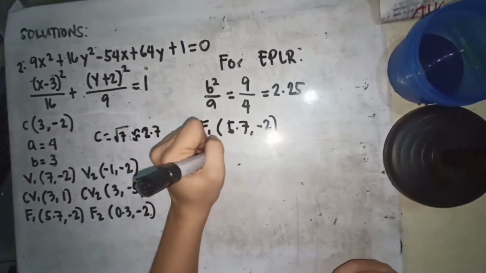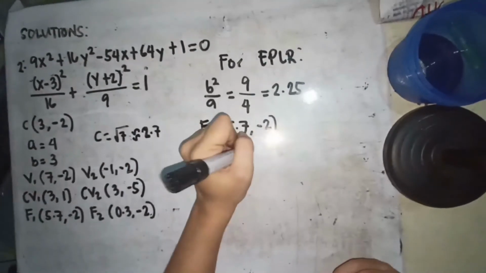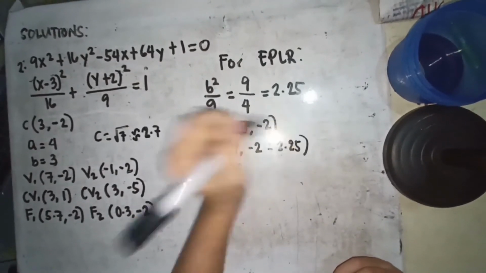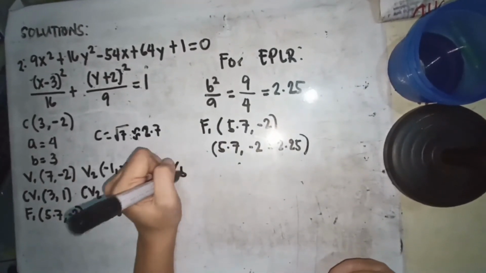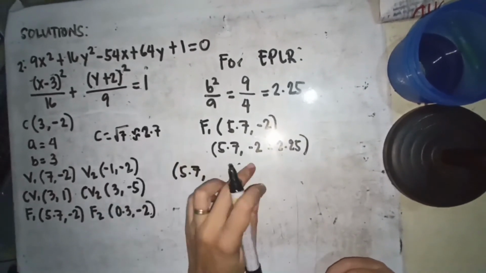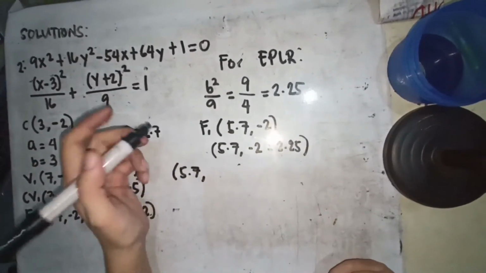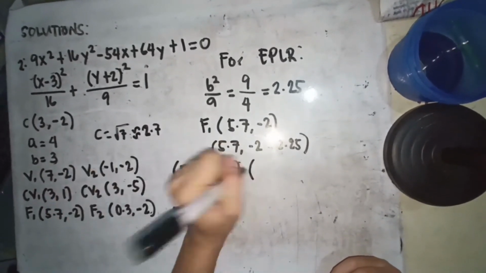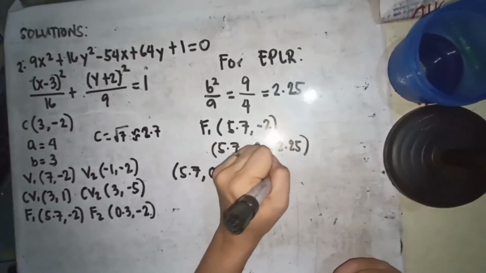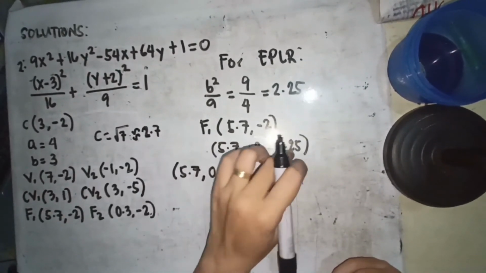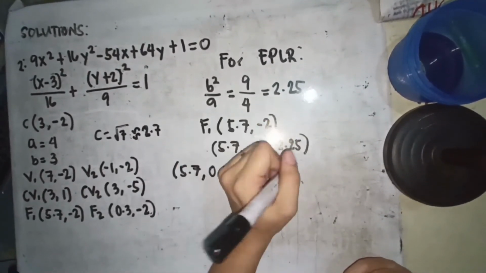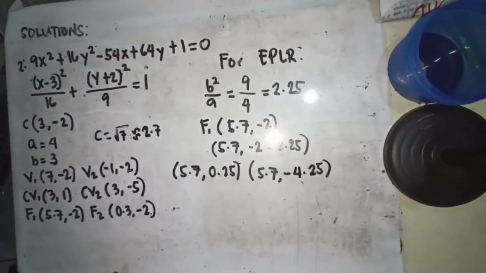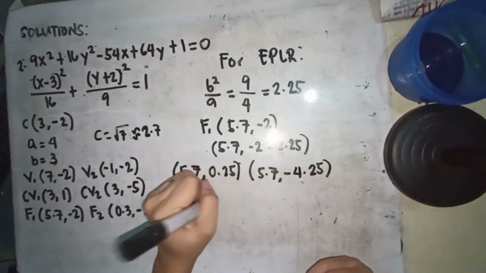So we'll have 5.7 and negative 2 plus minus 2.25. So we have 5.7 and negative 2 plus 2.25. That would be 0.25. We also have 5.7 and negative 2 minus 2.25. That would be negative 4.25.